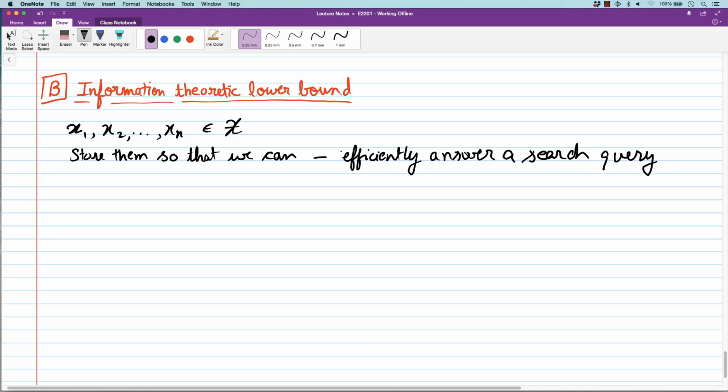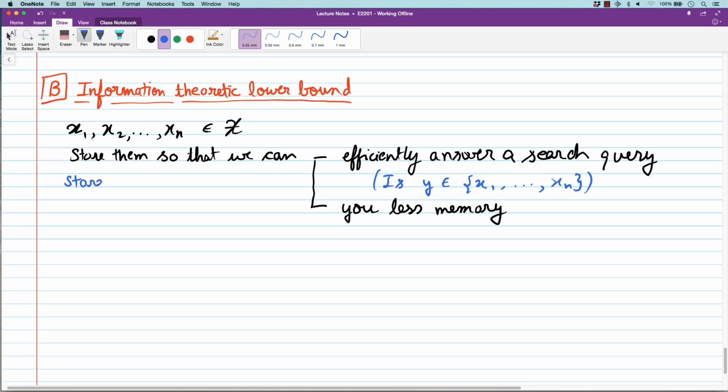The search query will ask you if y belongs to the set that you have stored, is y in the set. And the second requirement is that your storage should be less. Use less memory.